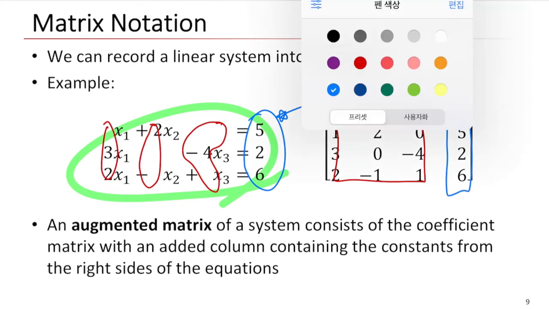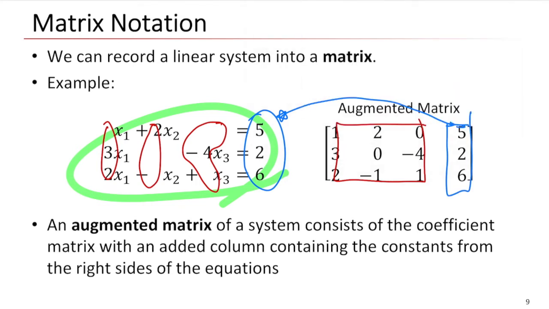In this case, it should be 5, 2, 6, something like that. So the augmented matrix of a system consists of the coefficient matrix with an added column containing the constants from the right hand side of the equations. Okay, this is called the augmented matrix. So from now on, when we talk about the matrix, I will always mean the augmented matrix.